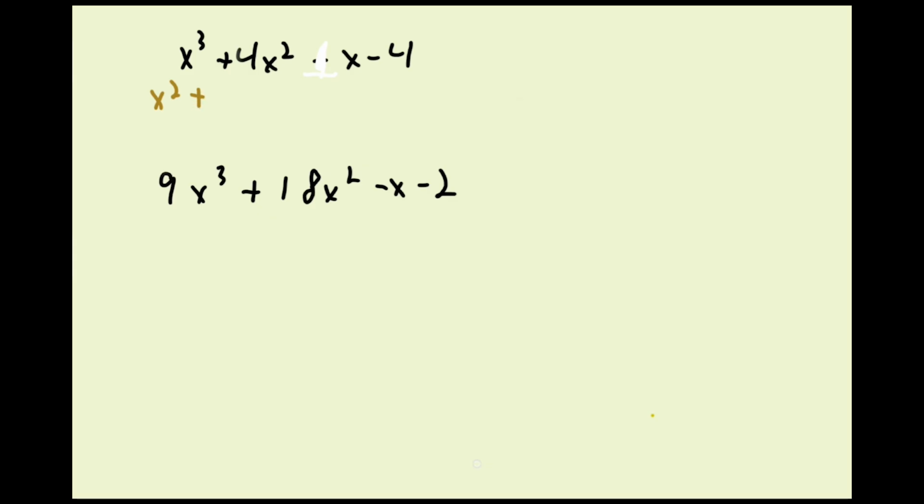Because x cubed divided by x squared is x. Okay. Let's fix that up. So we got x squared, then x plus 4.